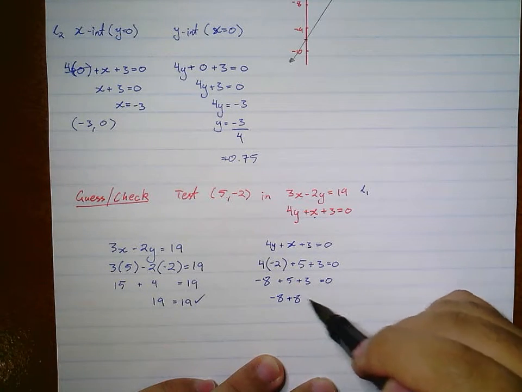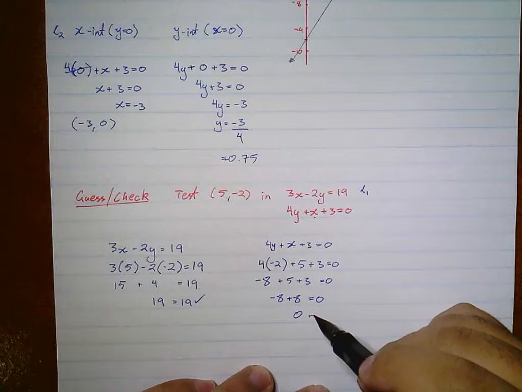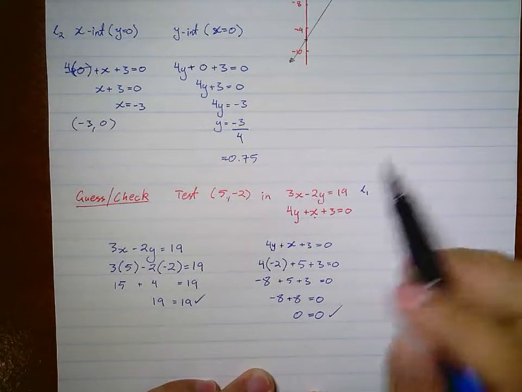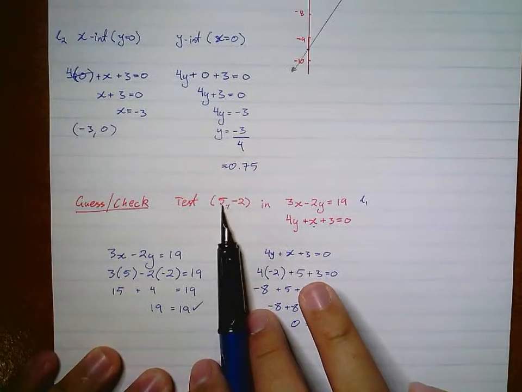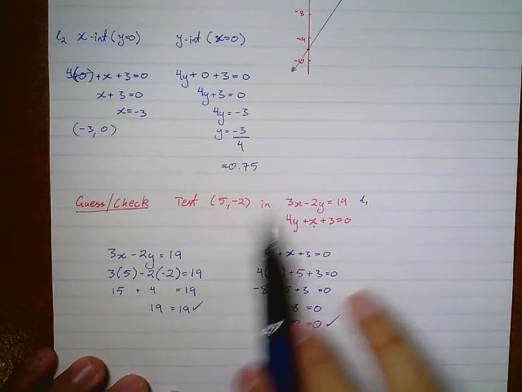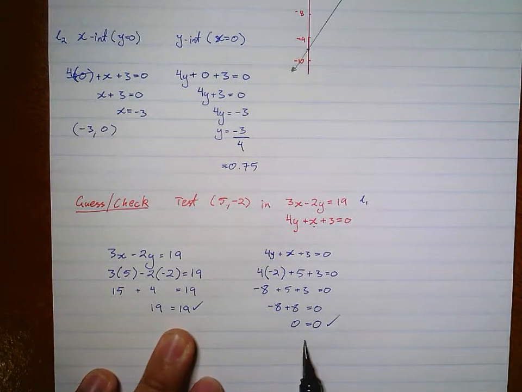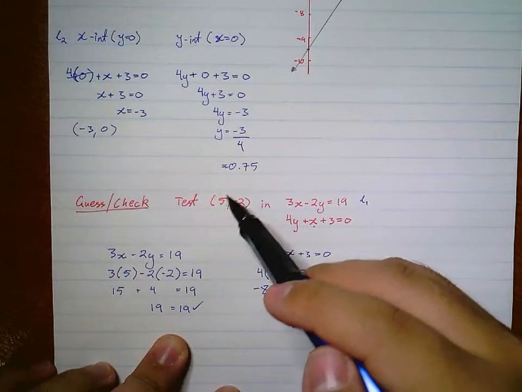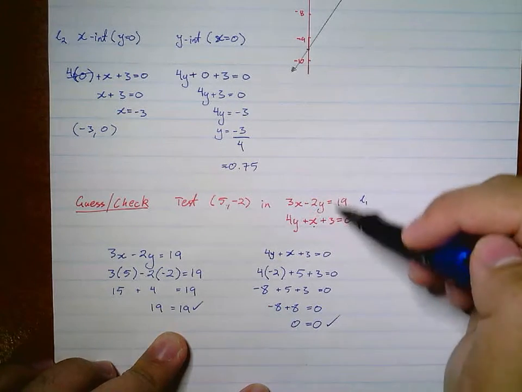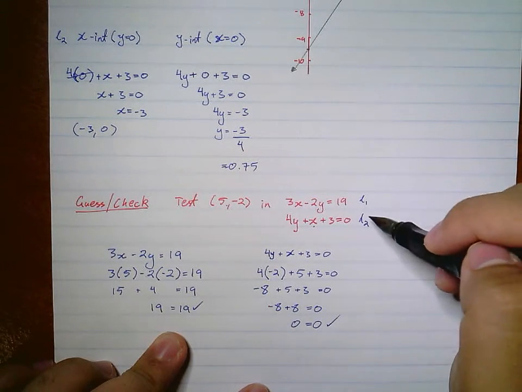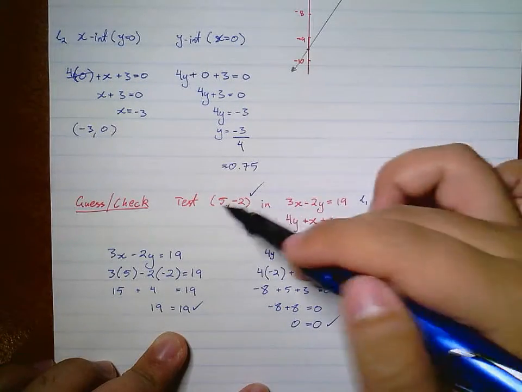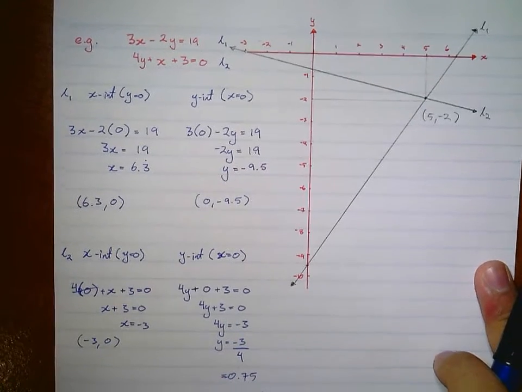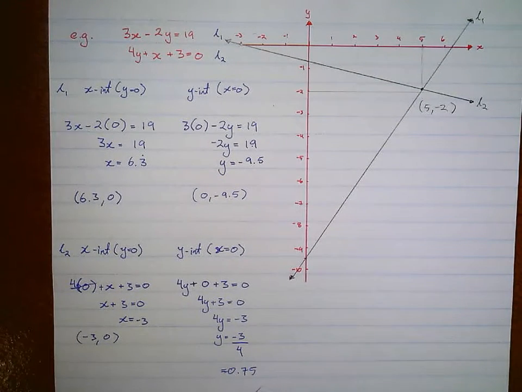Negative 8 plus 8 is equal to 0. 0 does equal 0. So when we substitute this point into both equations, they both hold true. So therefore the intersection of line 1 and line 2 is indeed 5, negative 2. It's a long process, but this is how we calculate the intersection of 2 lines by a graphical method.